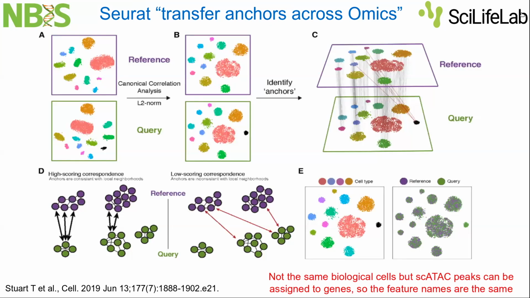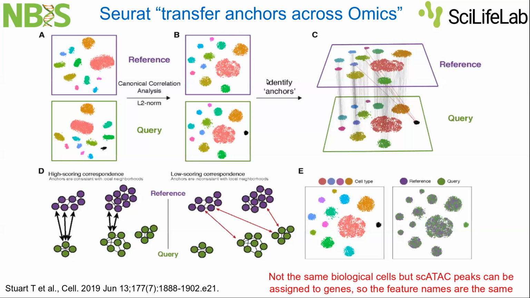They called it transfer anchors across omics. Essentially, they start with CCA, canonical correlation analysis. They take two data sets, one from RNA-seq, the other from single cell ATAC-seq, and project these two data sets onto a common axis of variation. This is what canonical correlation analysis does.